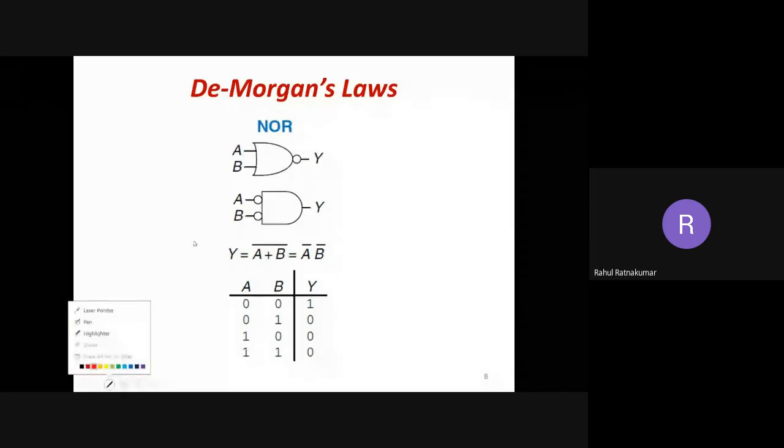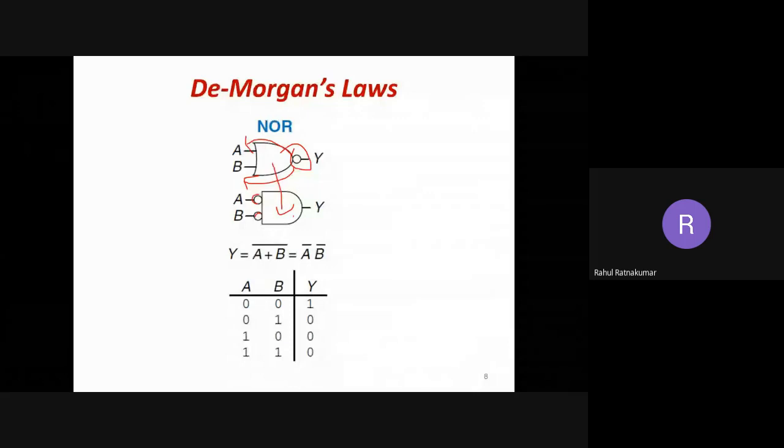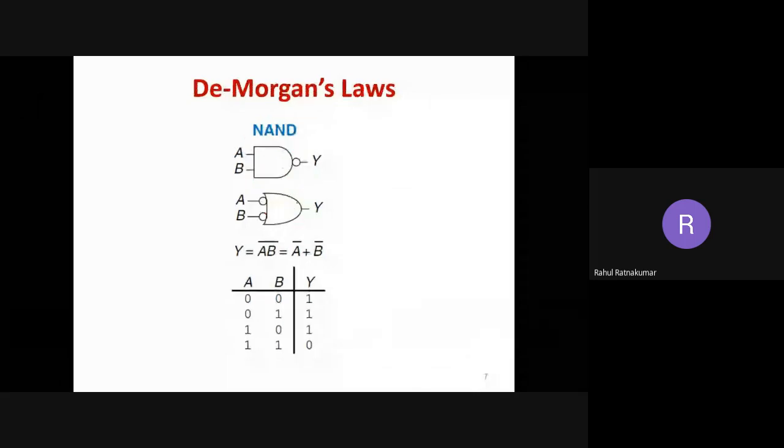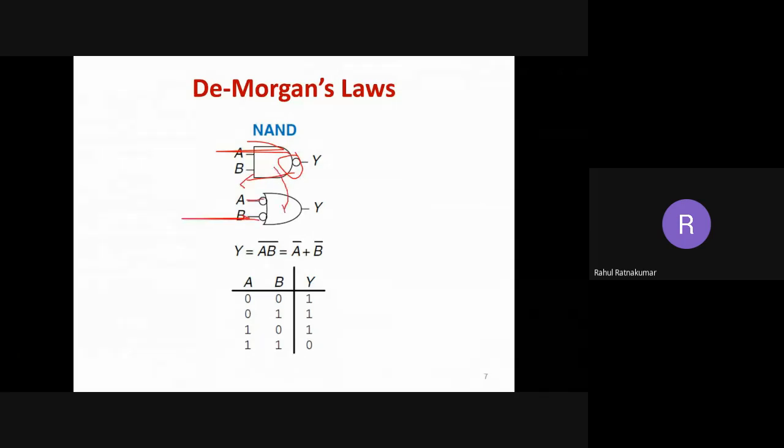The bar is split and given to both A and B. Now A got the bar, B got the bar, but when the bar is taken from the OR, it changes to AND. Similar things happen here. This bar is split to both A and B, so A bar, B bar, and it changes to OR. That's it.